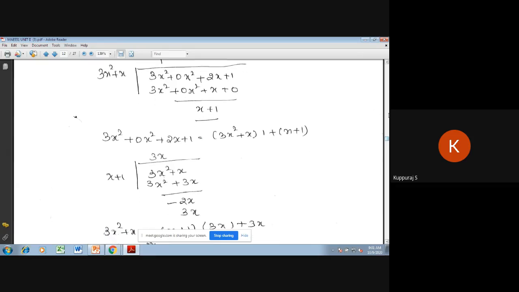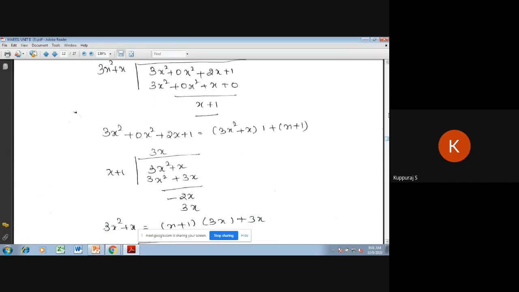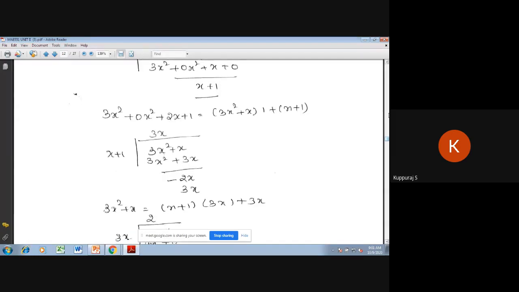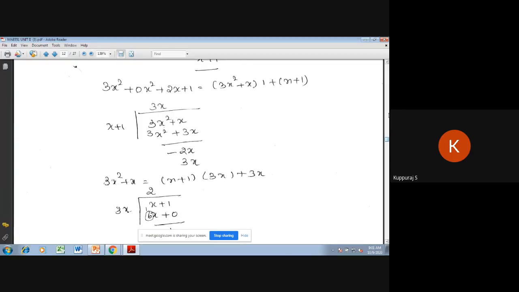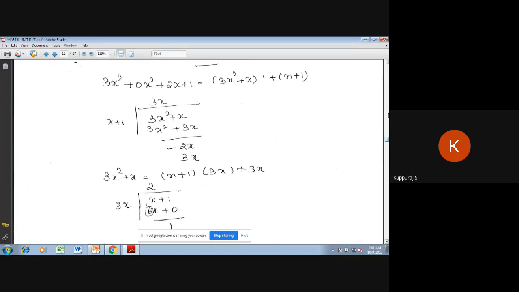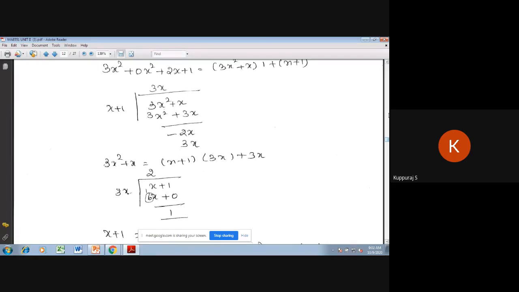When 3x square plus x is divided by x plus 1, you get the quotient as 3x and the remainder as 3x. Now again 3x is divided by x plus 1, you get the quotient as 2 and the remainder as 1.